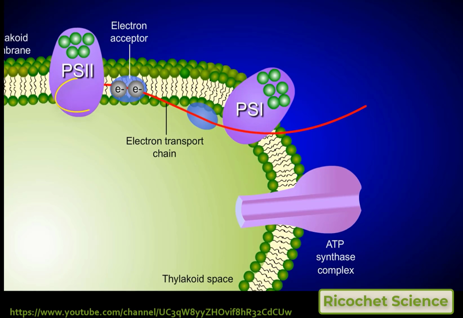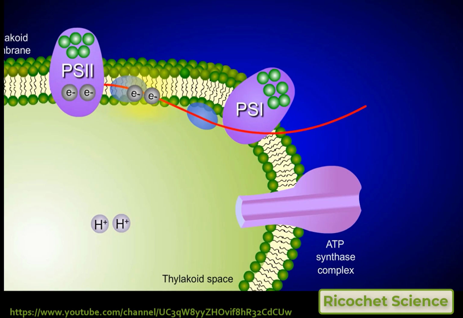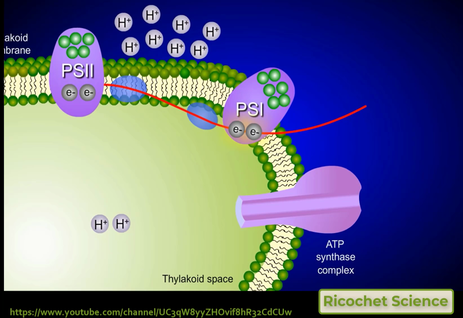Meanwhile, to replace the electrons leaving photosystem 2, water is split, releasing oxygen, 2 hydrogen ions, and 2 electrons. The first set of electrons continues to move down the electron transport chain, releasing stored energy as it moves. This energy is used to create a hydrogen ion gradient.